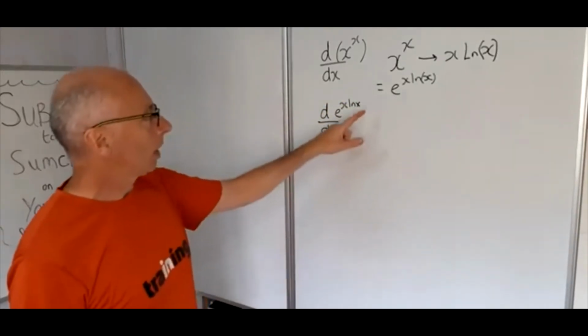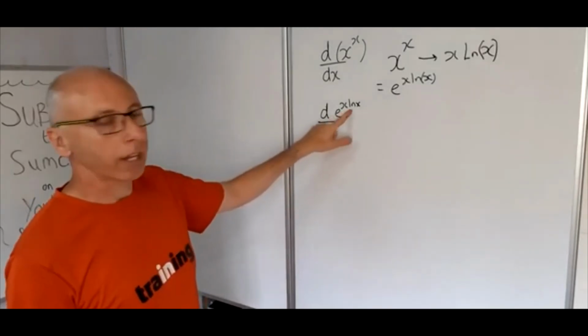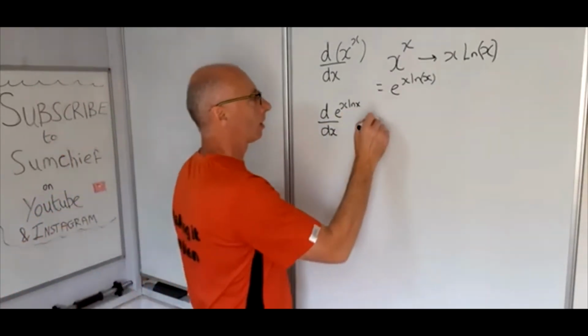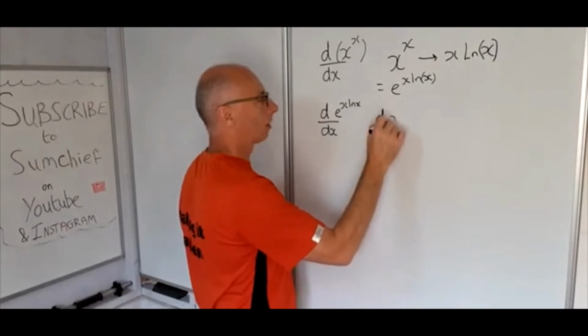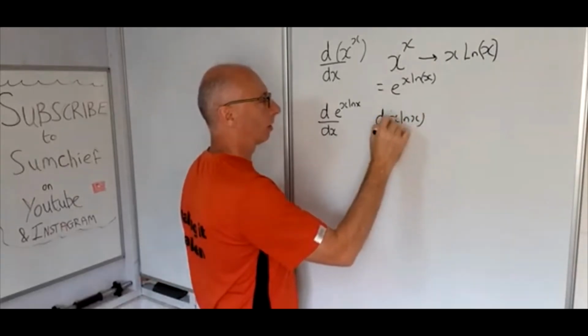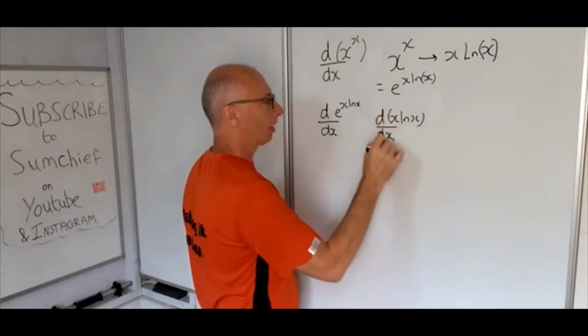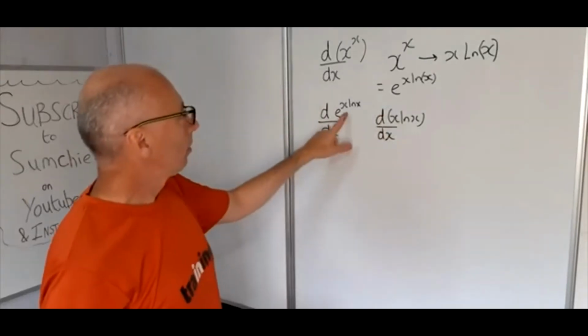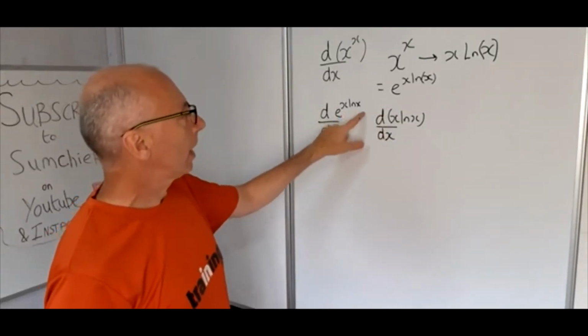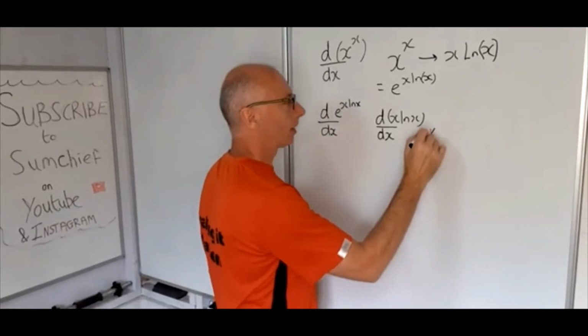Now what we have to do here, we take the derivative of x ln x with respect to x, and then we've got e to the x ln x, we'll multiply by that.